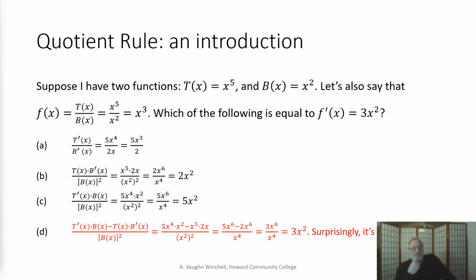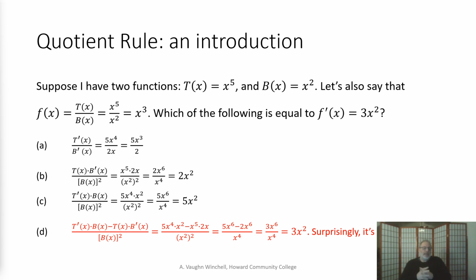If the fraction was, for example, sine of x over x squared plus 5, that's not a division I can do easily. Or x to the third plus 1 divided by the natural log of x. That's not a division I can do easily. So I need a rule that will let me do derivatives for fractions when I can't simplify them.